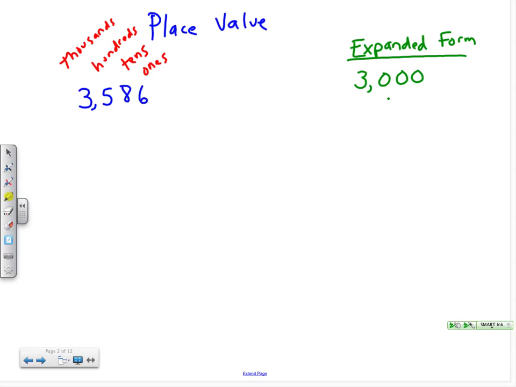There's a 5 in the hundreds place, so the 5 is worth 500. There's an 8 in the tens place, its value is 80. And there's a 6 in the ones place, its value is 6. So if I added those all back together, I would get 3,586.